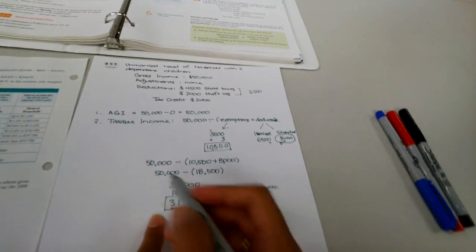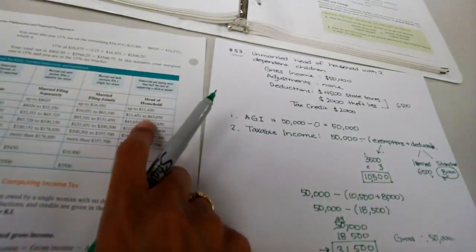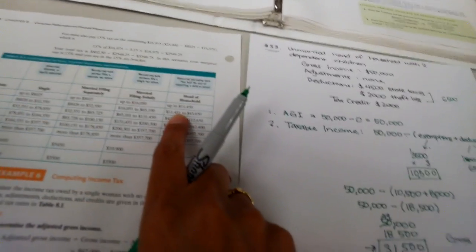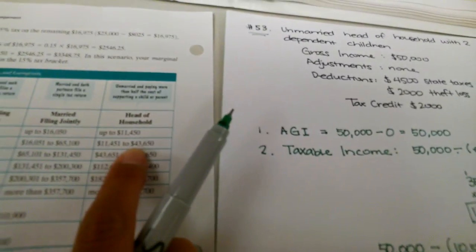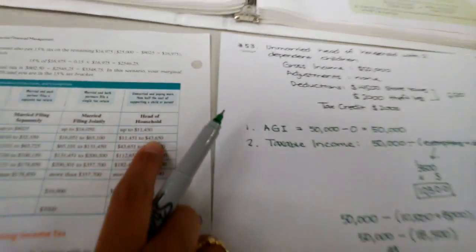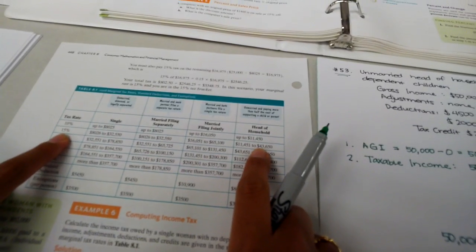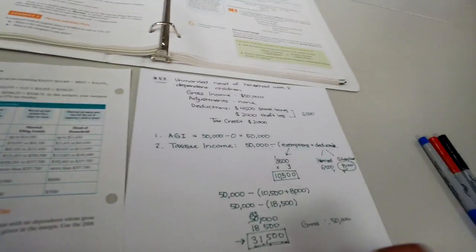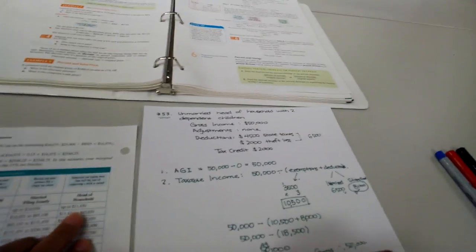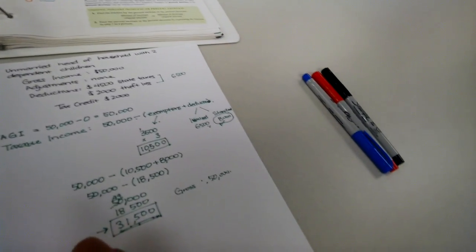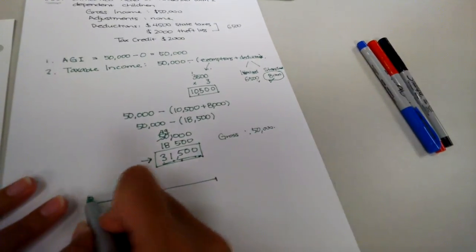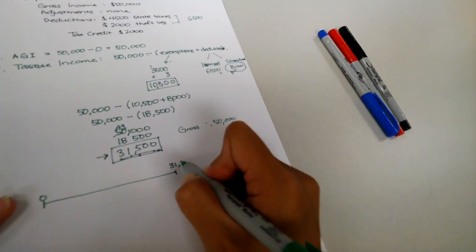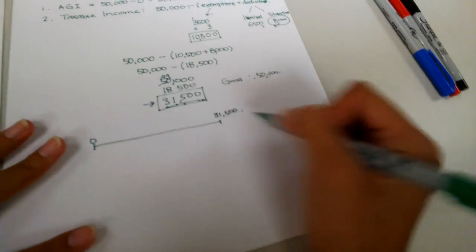So now what we do is we look at this value in our table, right? $31,500 would be between these two. You can see it's between $11,450 and $43,650, and we're in the 15% tax bracket. So you can think of it as kind of breaking this piece apart. 31,500 is how much we earned.